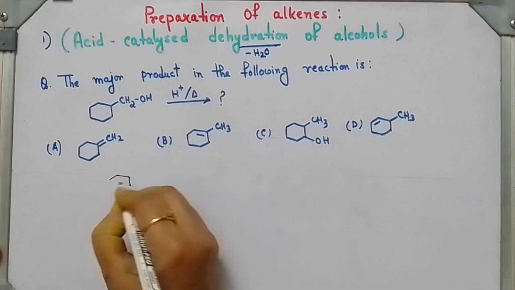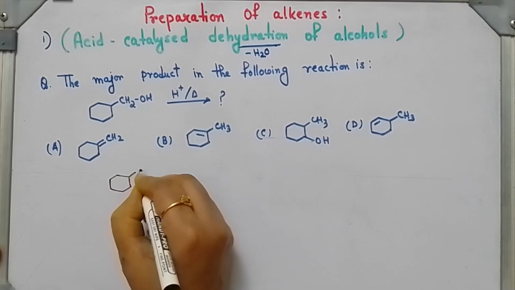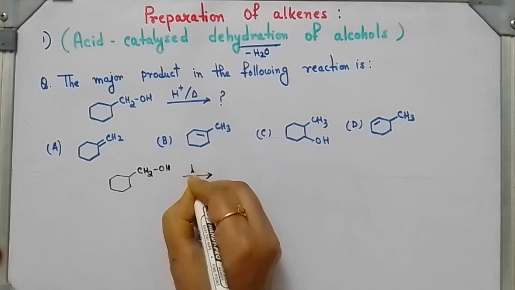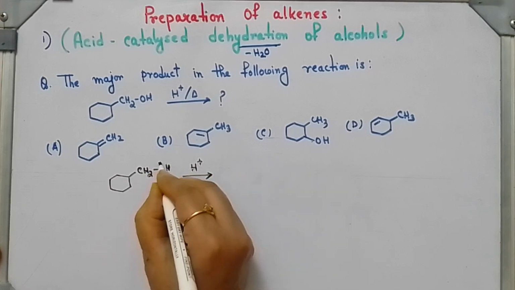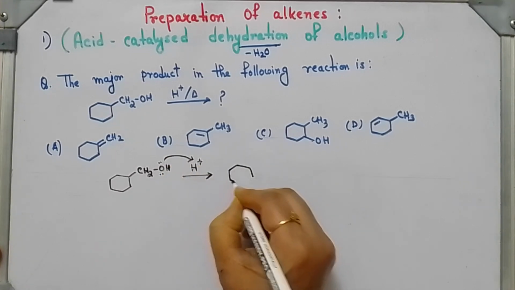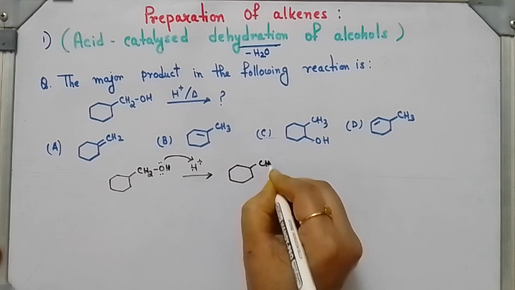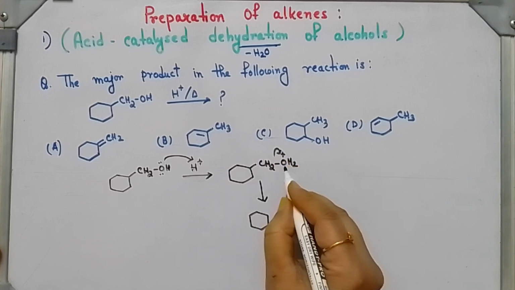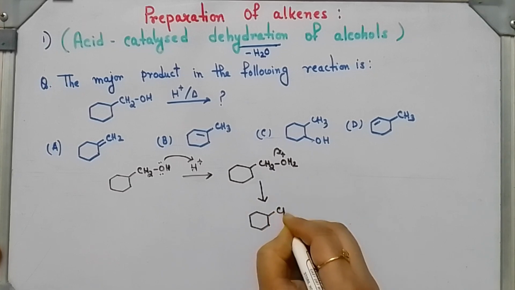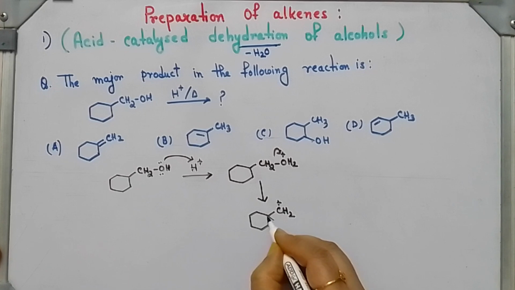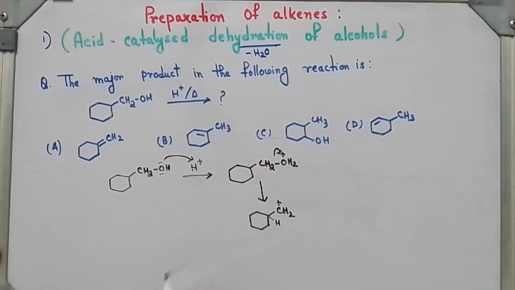So first protonation will take place. We will get this protonated alcohol. Removal of H2O plus will take place and we will get this carbocation. Now see here, to satisfy the valency of carbon, one hydrogen is there.